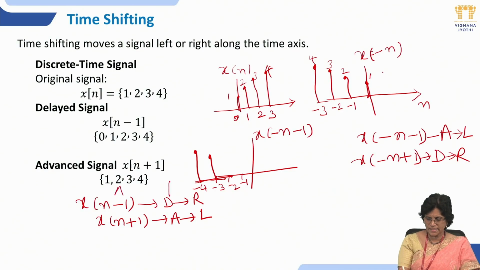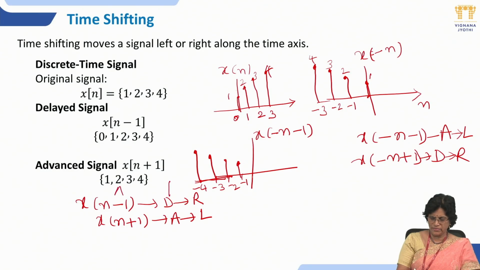So shifting only x of minus n, I am shifting towards left by 1 unit. Previously your sequence is starting from minus 3. Now, in this case, your sequence starts from minus 4 and minus 3, minus 2, and minus 1.